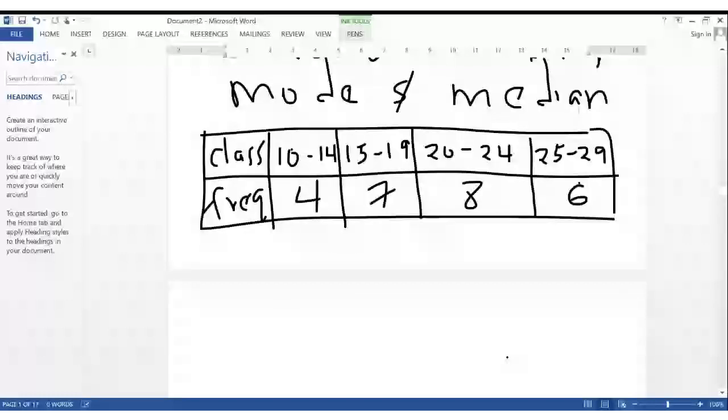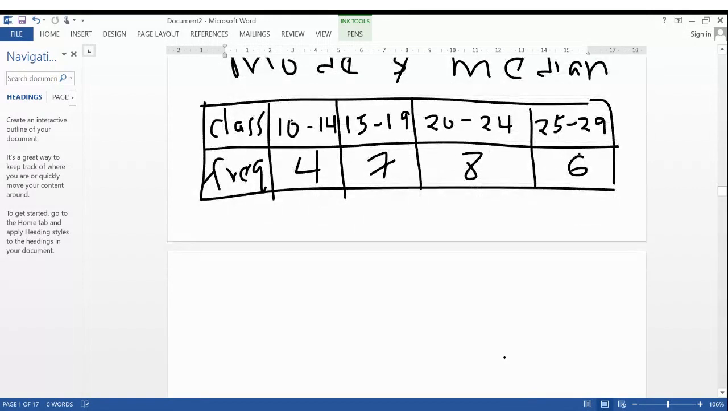So how do we proceed? First of all, I'll encourage that we start with the mean, since we basically need to calculate the mean, mode and median. So I'll have some vertical columns to put all this data.